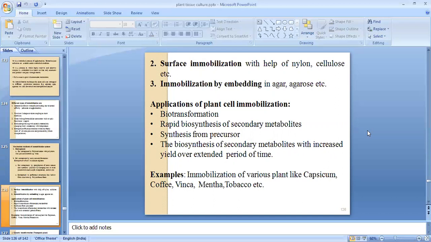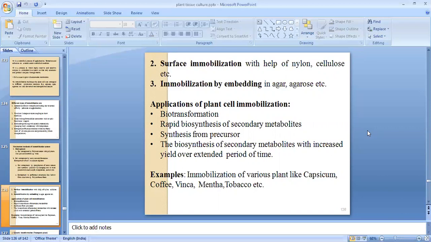When you look at the applications of plant cell immobilization, through biotransformation, secondary metabolites can be produced via cell immobilization.